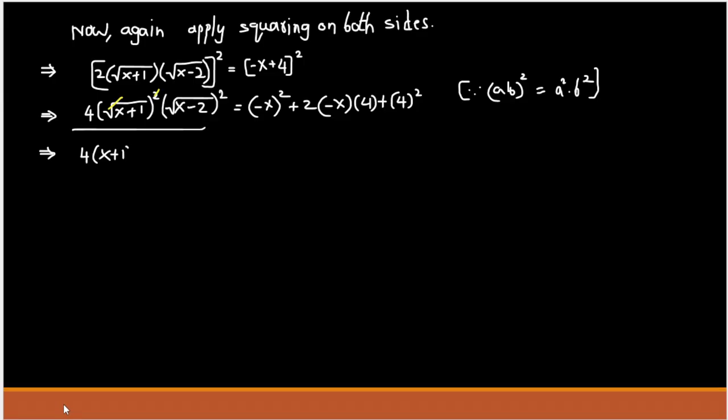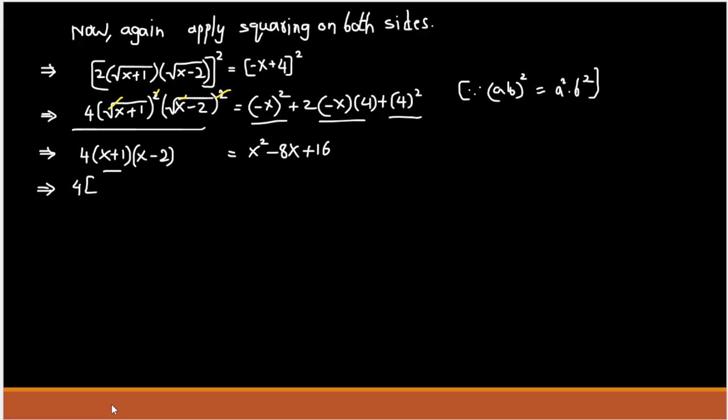On simplifying we get 4 of x plus 1 into x minus 2. Here the square roots and the squares get cancelled, and minus x whole square is x square, and 2 into 4 is 8 and minus x. So it becomes minus 8x plus 4 square, which is 16.